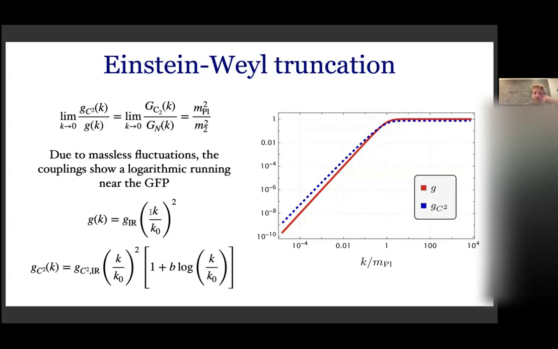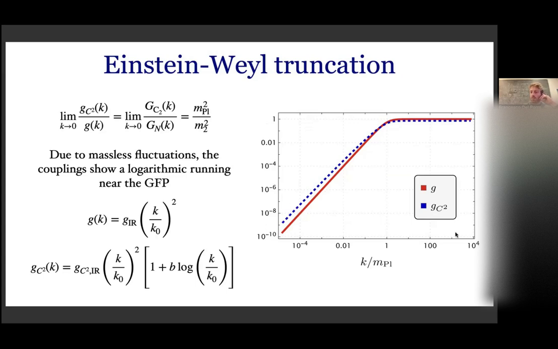That means that we still have the canonical scaling, which is k over k0, where k0 is a reference scale squared. But then the dimensionless Weyl-squared coupling has this term here, and as you can see from the picture, we see exactly that.